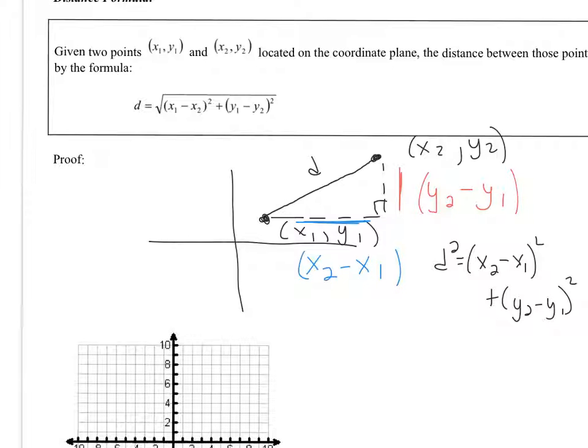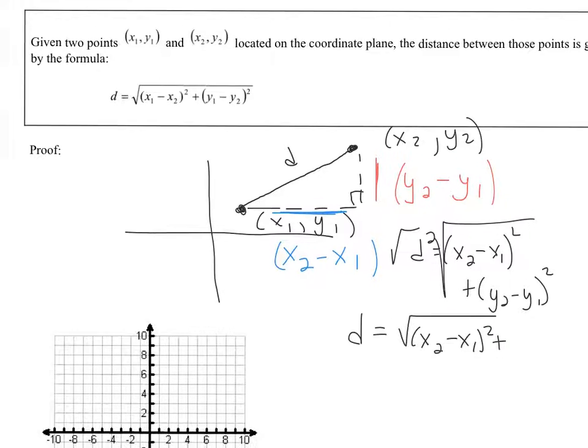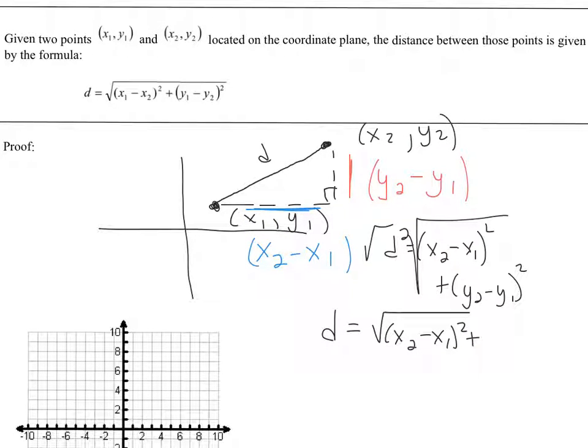Now I've switched the y2 and y1, it doesn't really matter, those are just generic subscripts. You could switch x1 and x2 as well. Then I just take the square root of both sides. So d equals the square root of (x2 minus x1) squared plus (y2 minus y1) squared.